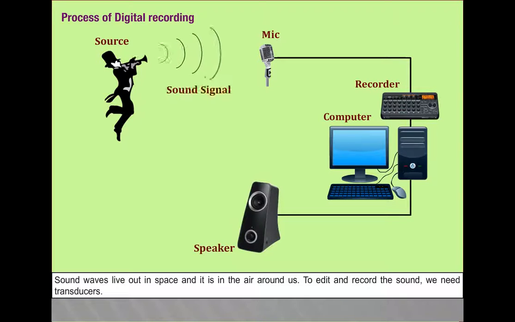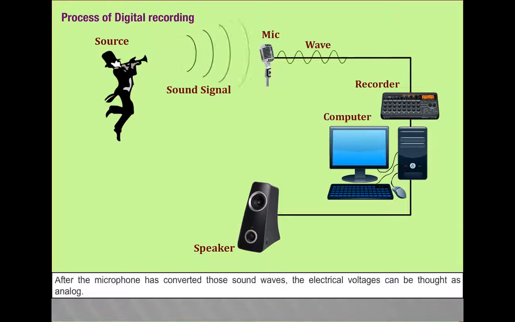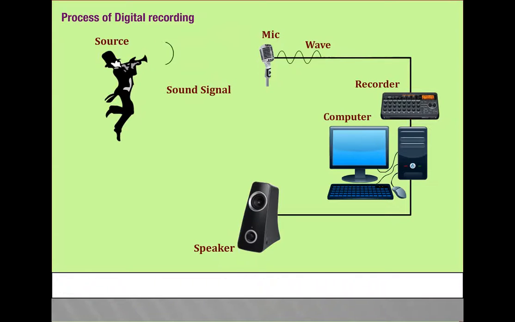Sound waves live out in space and in the air around us. To edit and record the sound, we need transducers. A microphone, which is also a transducer, can change the sound energy into electrical energy. After the microphone has converted those sound waves, the electrical voltages can be thought of as analog.